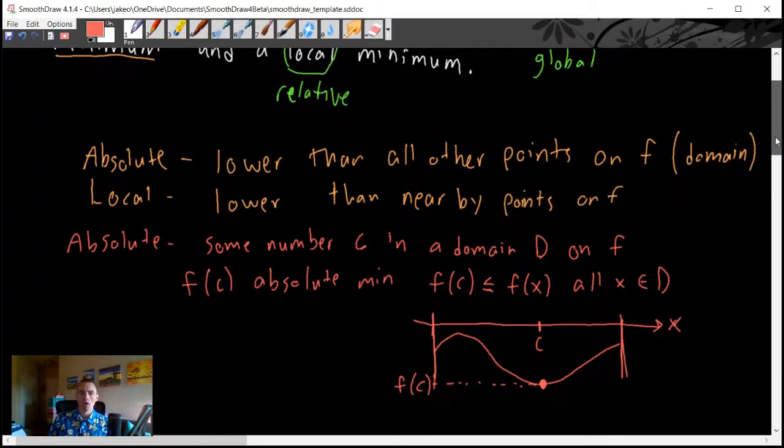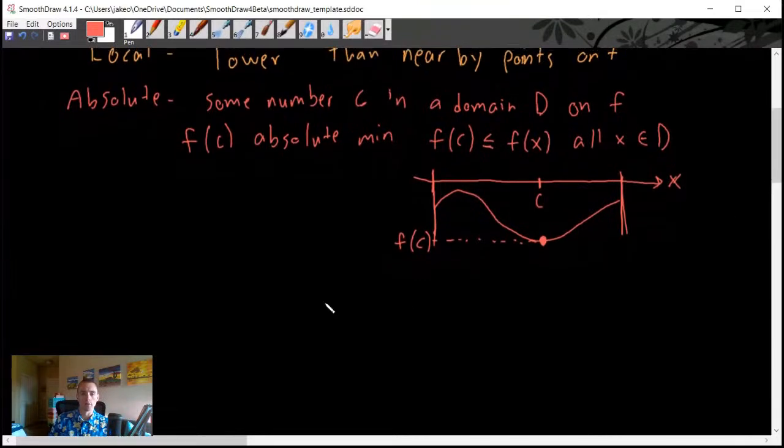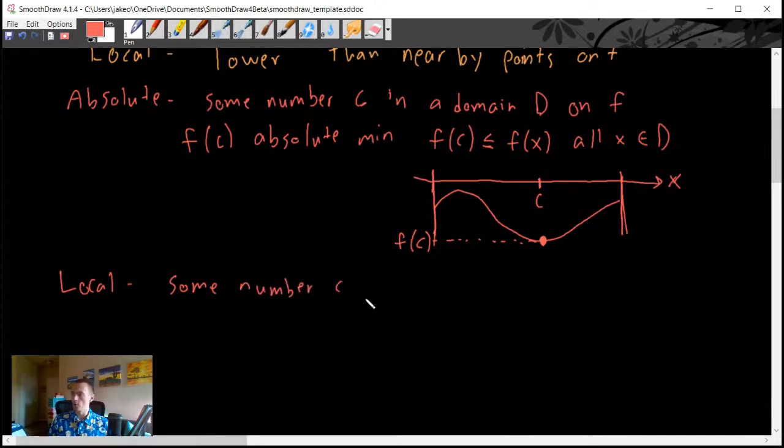Okay. So then the difference between that absolute and local, if we're thinking about a local minimum, in that case, we have some number c, some unknown number, which is a constant, which is defined. It is a part of our function f.